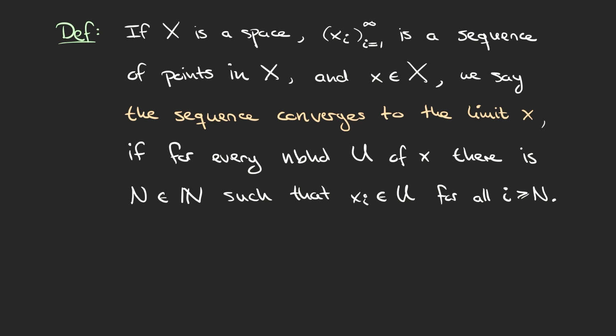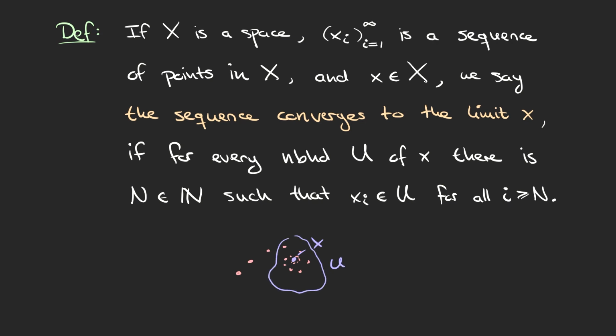So the picture for this is we have some sequence, which I'm drawing in red. And then we have some point which we think might be the limit, which is this point in purple, called x. And now if we want to check whether the sequence in red actually converges towards x, we need to look at every neighborhood of x. So we take some neighborhood U around x.